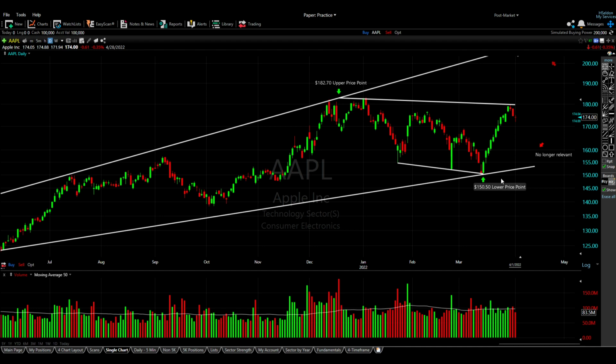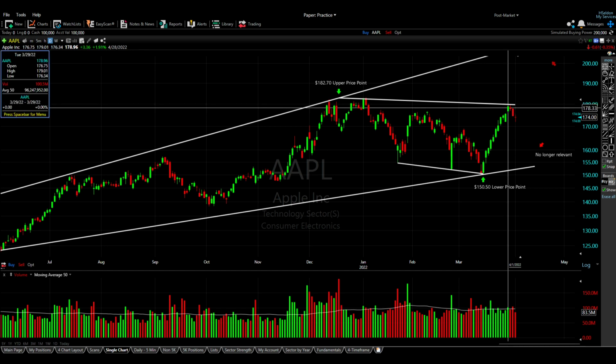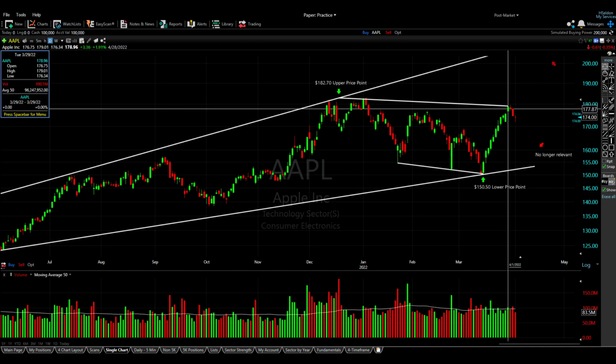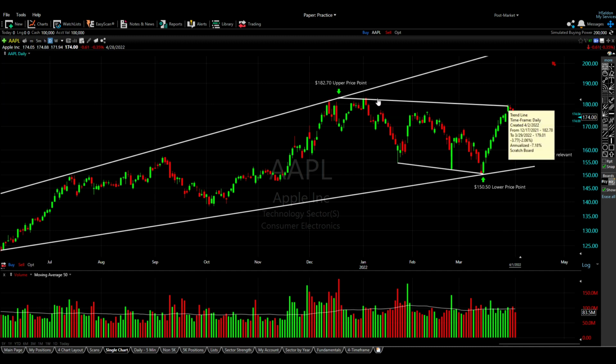That's a lower end. Do the same over here, and right there, and you connect it all the way up to here and to here. Also, you could start here, high volume candle, and it just goes down, and you extend it this way. You get a price point right here of 182.70. You can extend these algo lines in both directions, by the way.